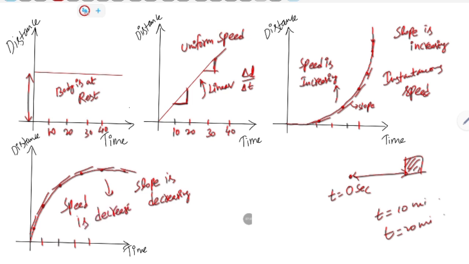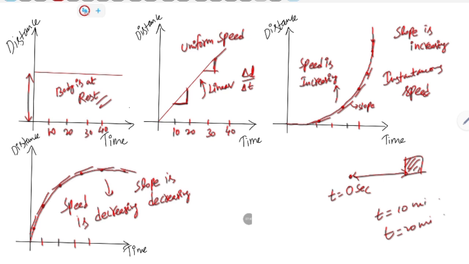Now, from these four graphs, we can get some valuable information. If the graph in a distance versus time graph is parallel to the time axis, we can say that the body is at rest.